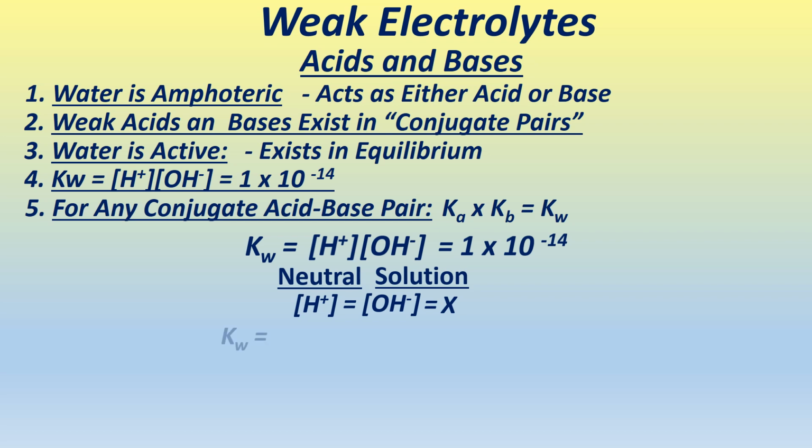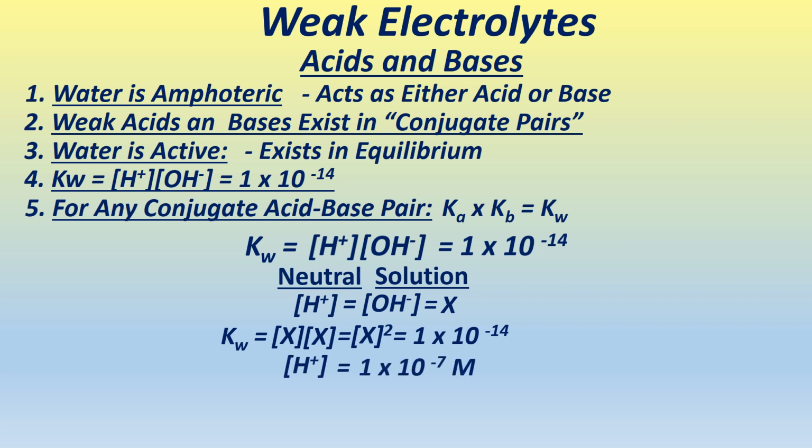If they are equal, Kw is equal to x times x, is 1 times 10 to the minus 14th, or x squared. So, for a neutral solution, the concentration of H plus would be 1 times 10 to the minus 7th molar.